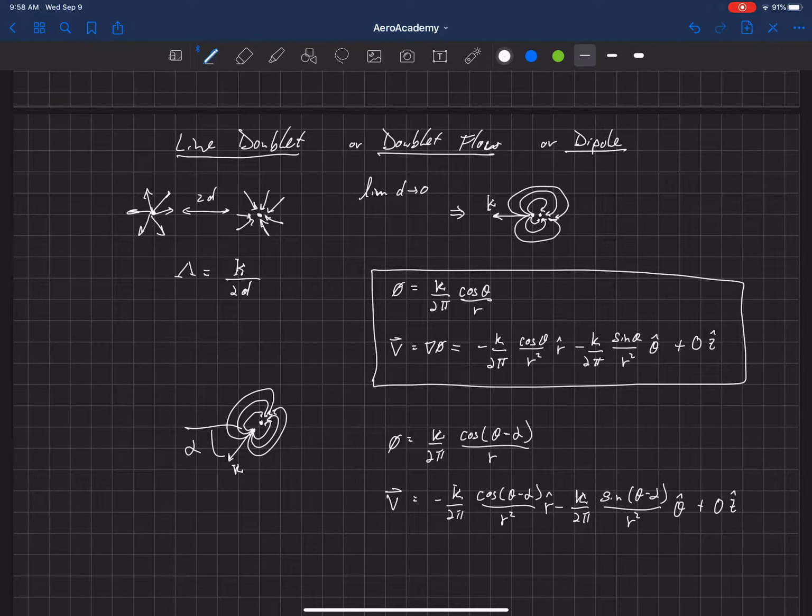So basically we just replaced theta in the previous equation with theta minus alpha, and now we can rotate that doublet by alpha.